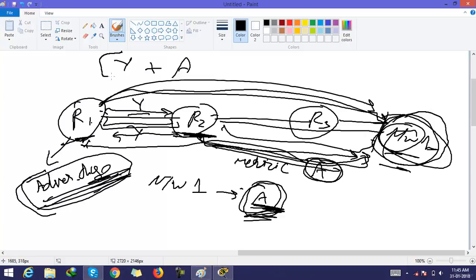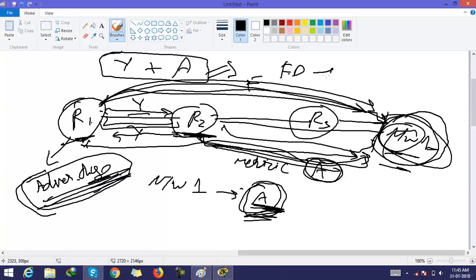And this is the best path to reach this network by R1. So this is called FD. FD is feasible distance.